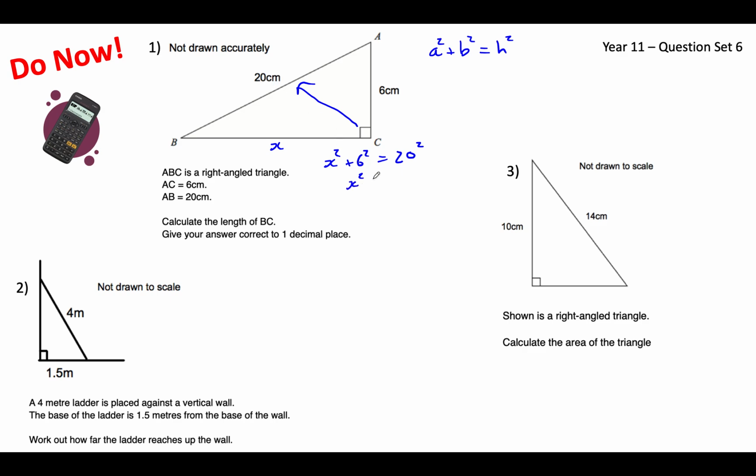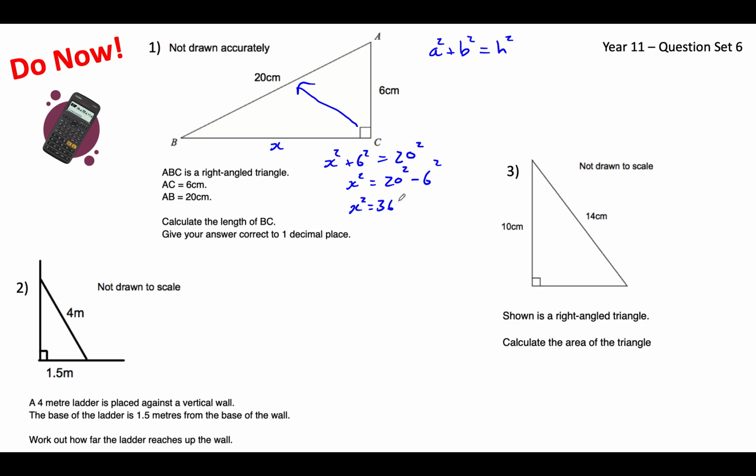Now, I want to find out what x is. Because I'm finding a short side, I'm actually going to subtract. Do the long side squared, take away the other side squared, and what will be left will be x squared, right? Now, if I do that, 20 squared, take away 6 squared, put it in my calculator, I get 364.